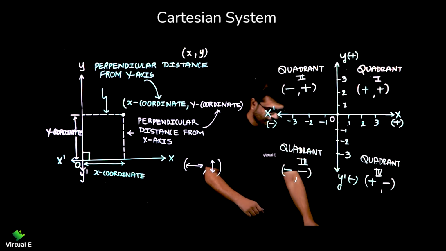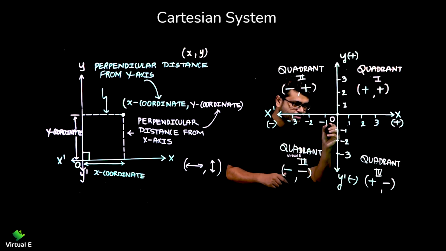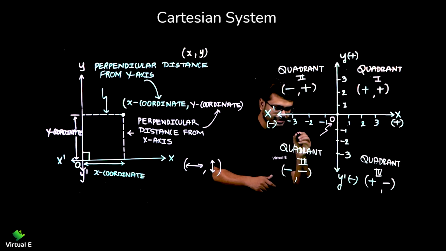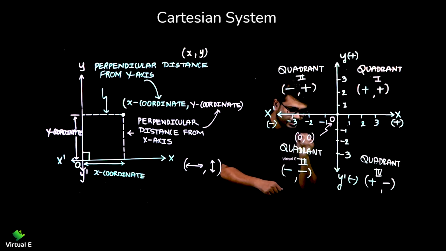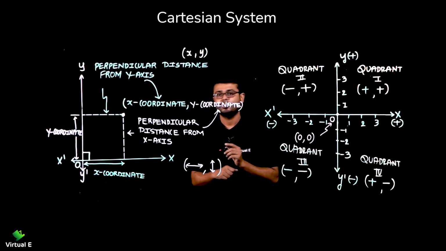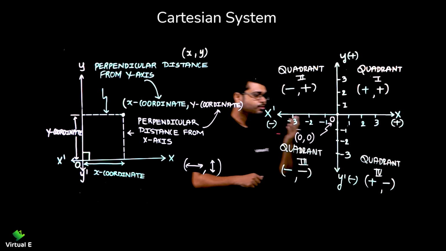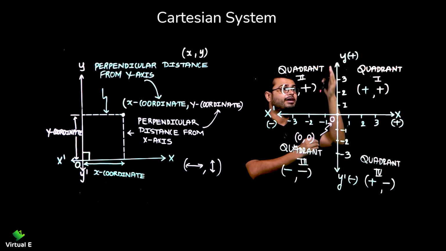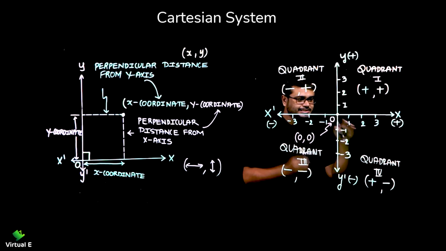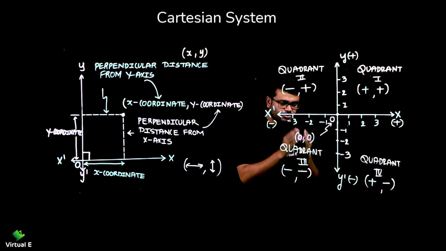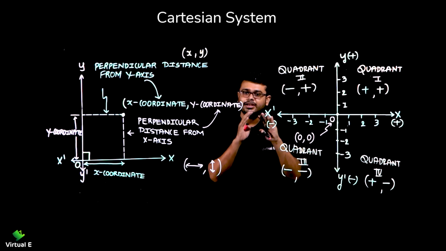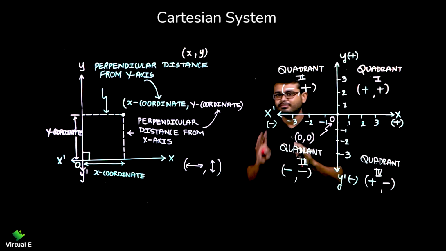So the coordinates of the origin are, remember, very important point, x coordinate is 0 and y coordinate is also 0. What are the coordinates of the point where y-axis and x-axis intersect? That is origin, and the coordinates are 0, 0. Remember, very logically you need to remember all about the number line, right?